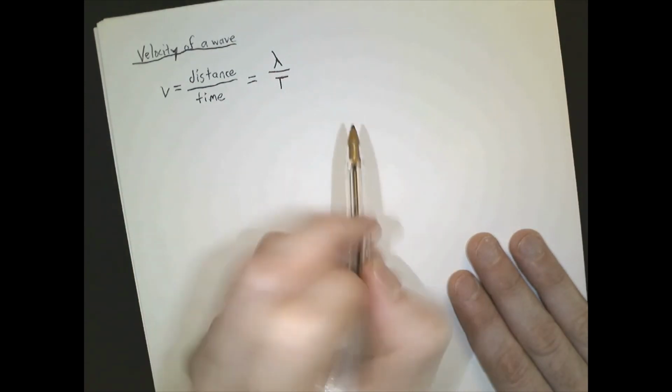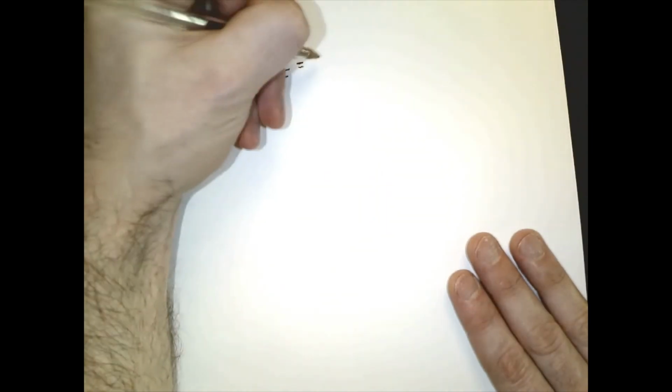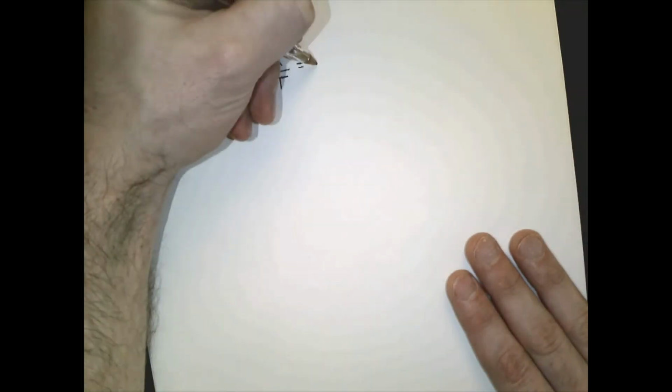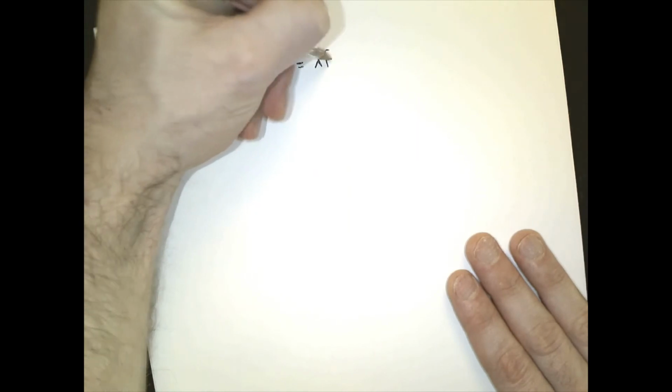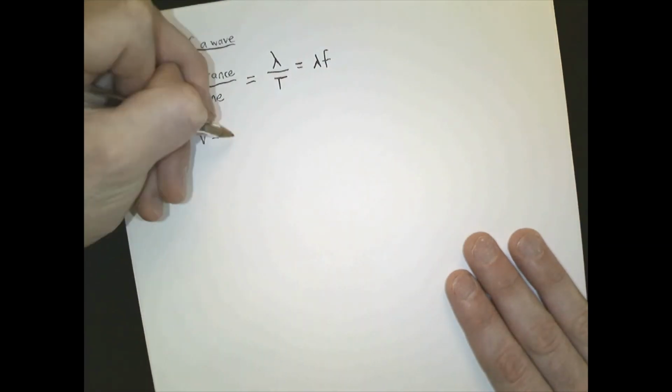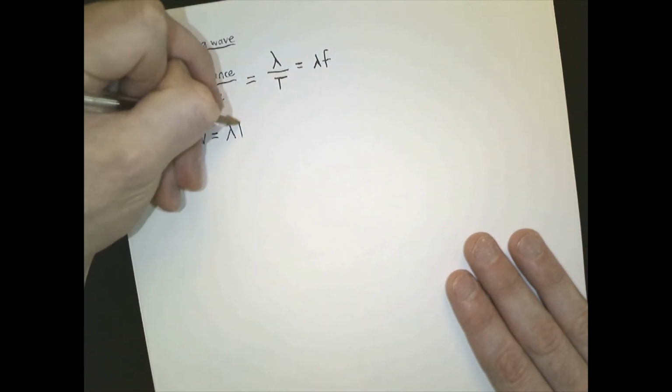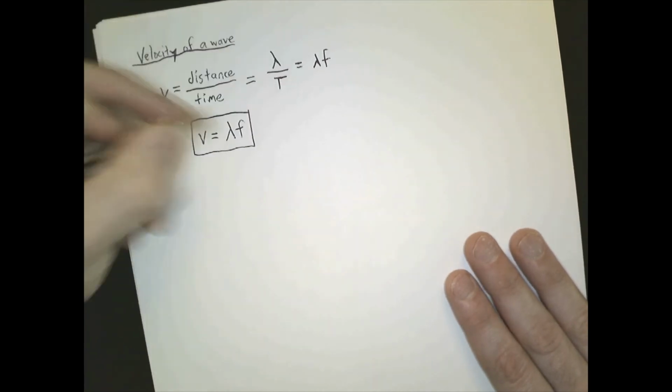If we recall that 1 over T is equal to the frequency, we get this very important formula: the velocity of the wave is equal to the wavelength times the frequency.